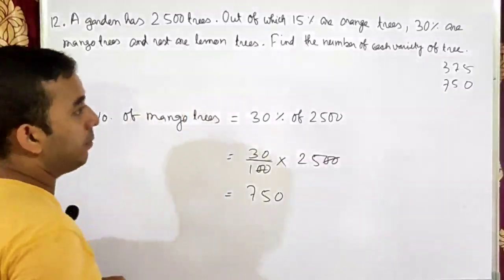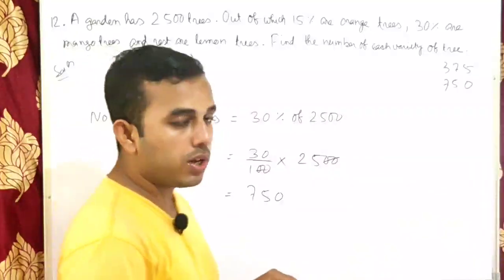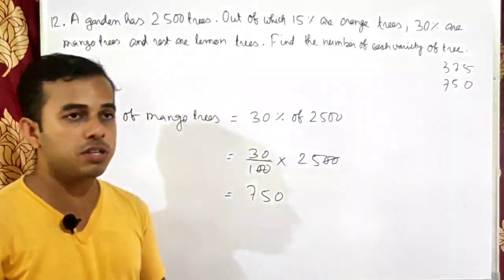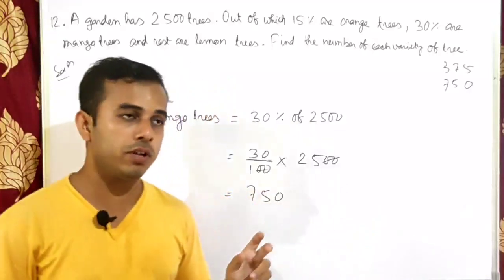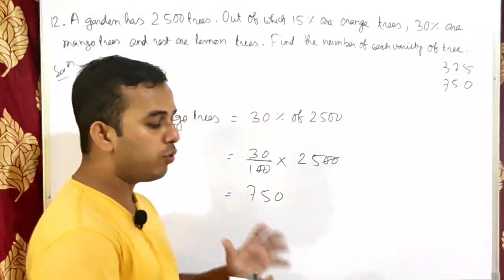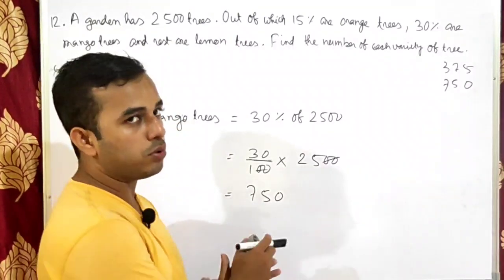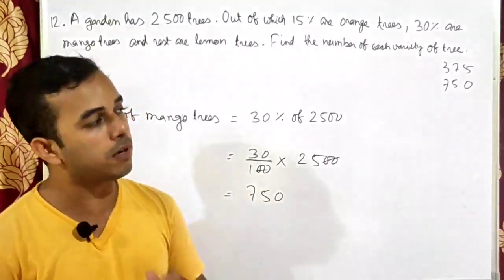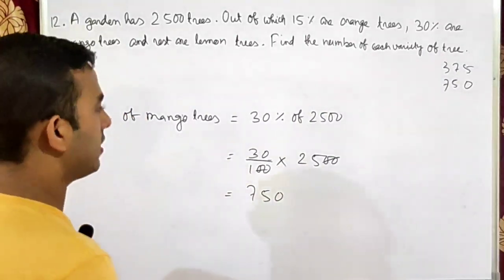And the rest are lemon trees. Now how can we find the lemon trees? Look, here we have total number of trees 2500. Among them 375 are orange trees and 750 are mango trees. Okay, now if we subtract these numbers from the total number, the remaining is lemon trees. So now we can easily find out how many lemon trees are there.